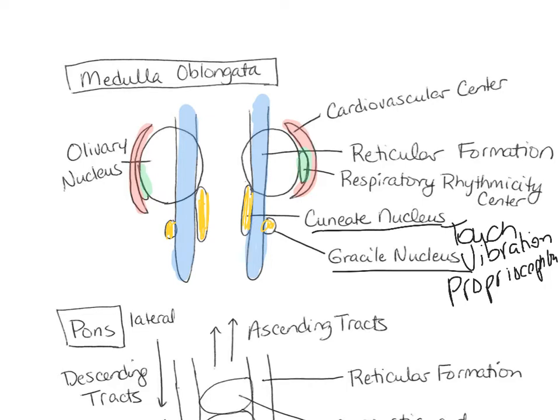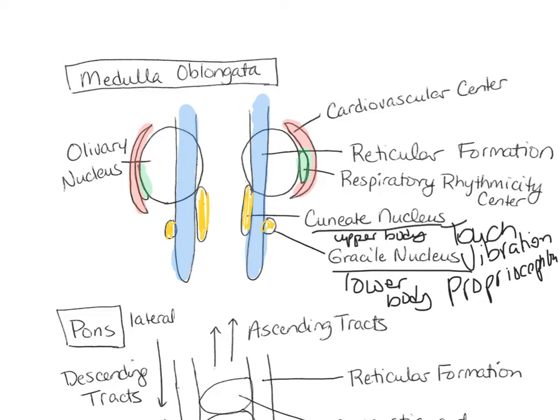Now the difference between the two is that the gracile nucleus is receiving information from your lower body, so like your legs and your trunk, whereas the cuneate nucleus is receiving that type of information from your upper body.